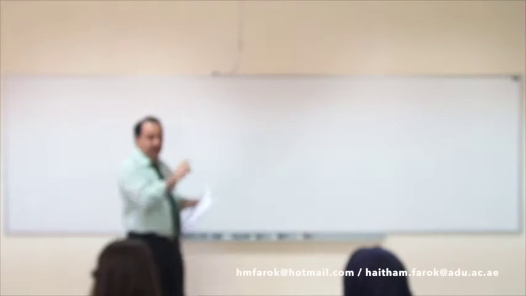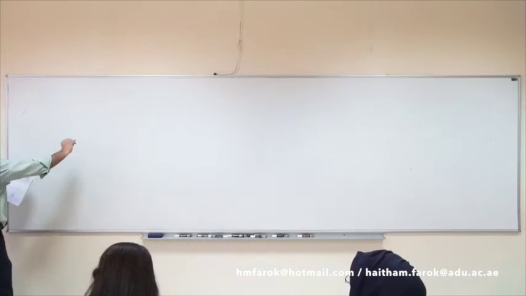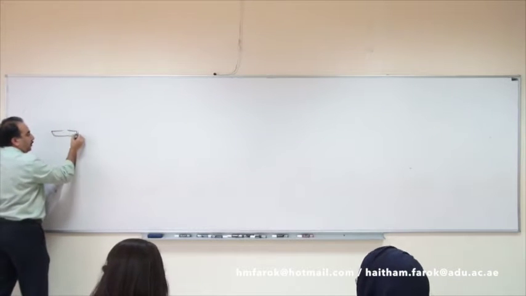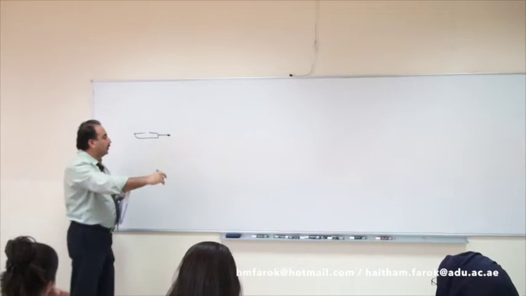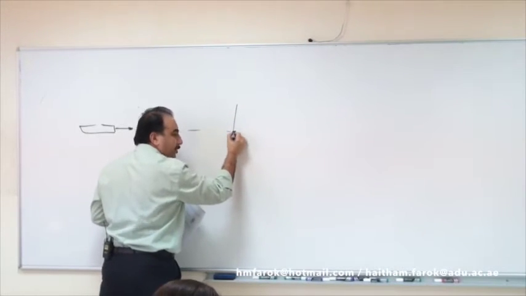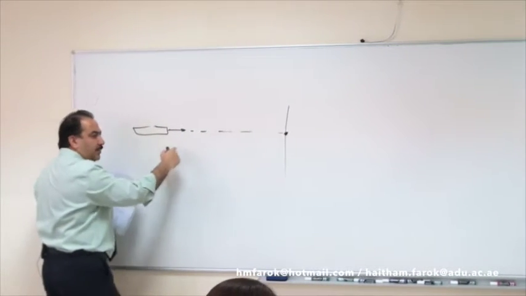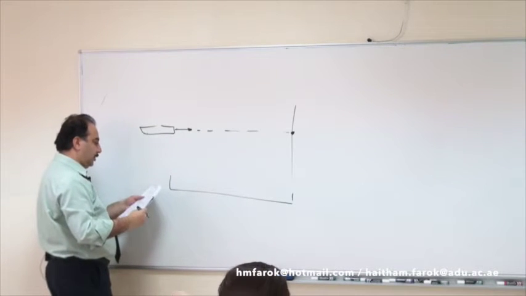Okay, so I'll just do a sketch here on the board for this question 17. A rifle fires a bullet horizontally, aiming at the center to hit this target. Okay? Now, the distance between the rifle and the target is given. How much is it?